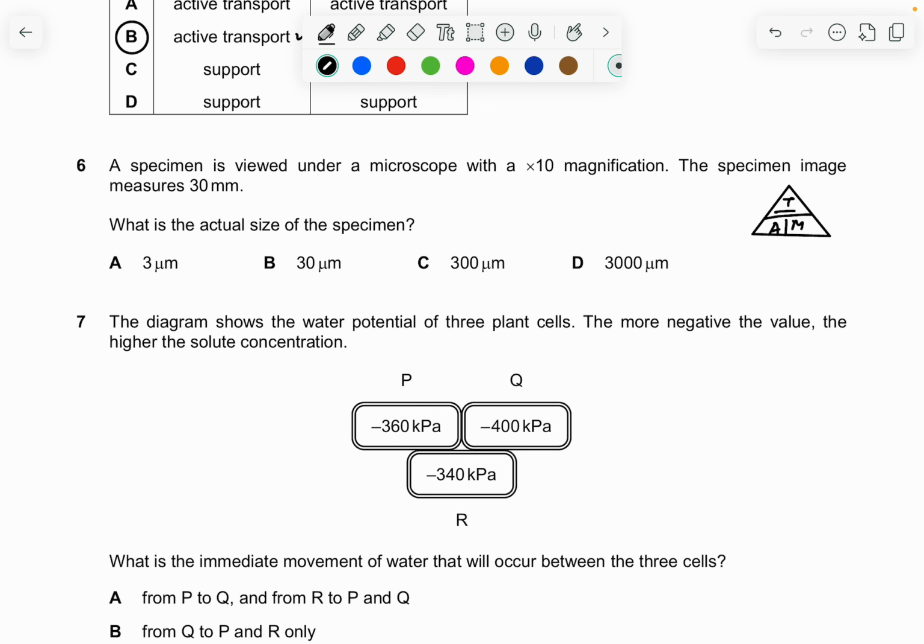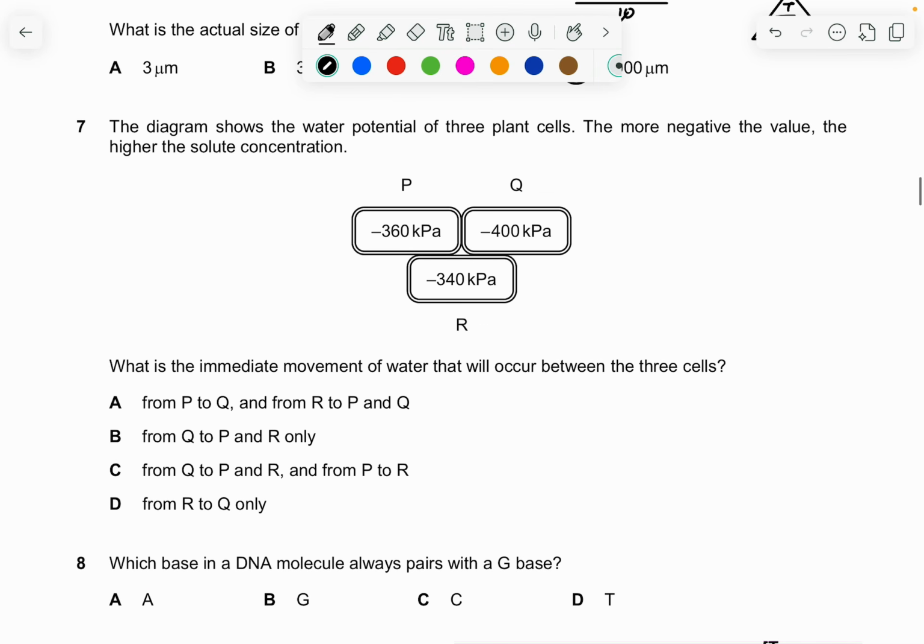So I is 30 mm, so 30 times 1000 divided by 10. So your answer for this question would be 3000. So you just cancel, 30 times 100, 3000.